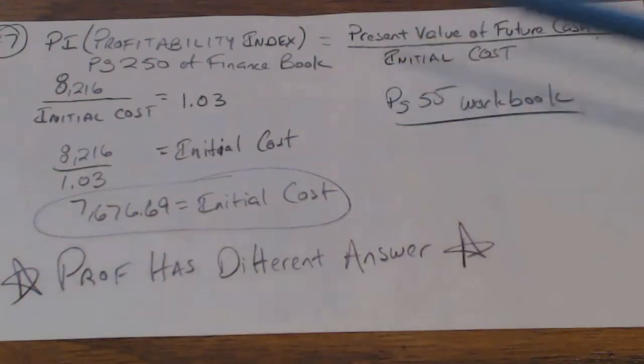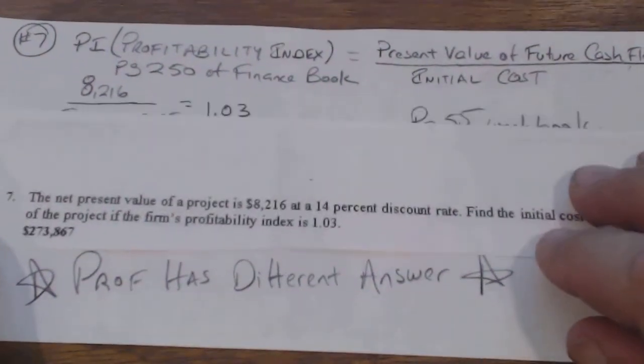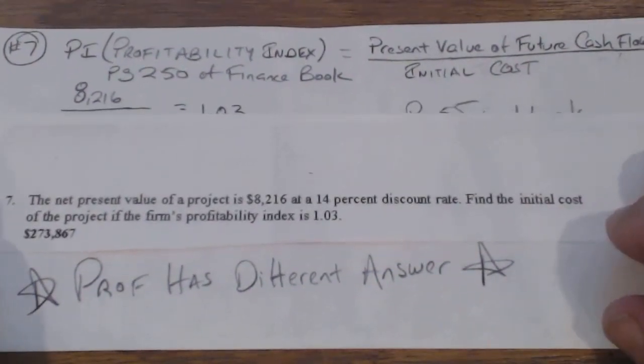Okay, he gives you in this term net present value. Remember the difference between net present value and present value. Present value is taking the future cash flows and discounting them back to year 0 with the required return rate, cost of capital rate, whatever you want to call it. Net present value is doing that exact same thing, getting the present value of those cash flows back to year 0 and then subtracting your initial cost or your initial investment.